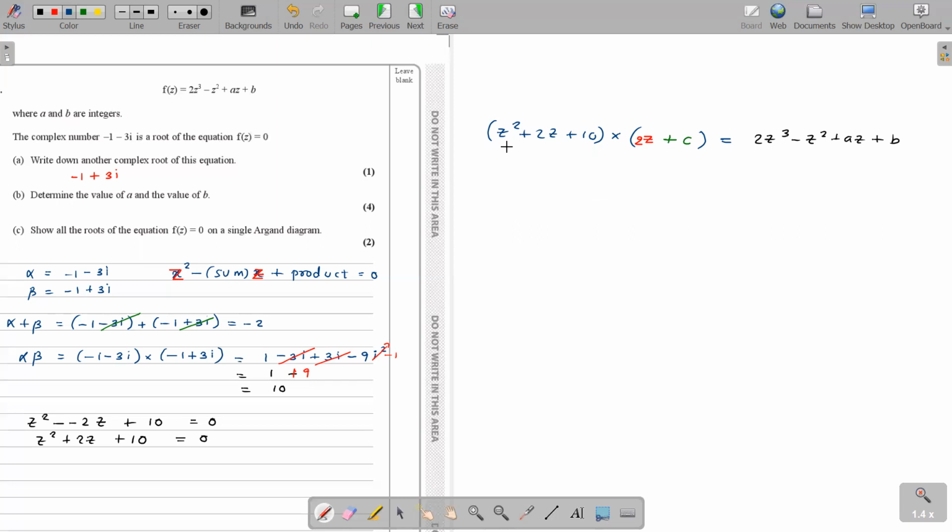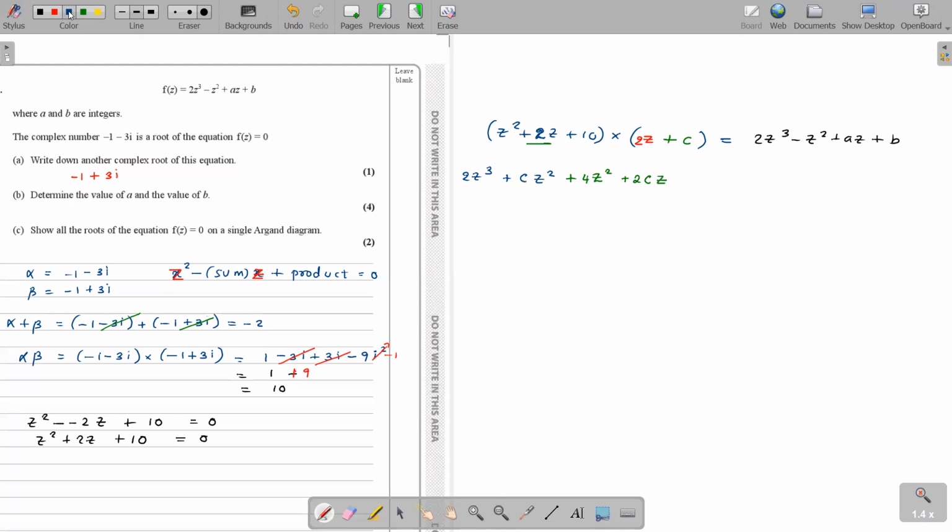When I expand the bracket with z square, I get z square into 2z is 2z cube, z square into plus c is plus c times z square. Do you agree? The next one is 2z into 2z. What do we get? Plus 4z square. The next one, plus 2z into c is plus 2cz.